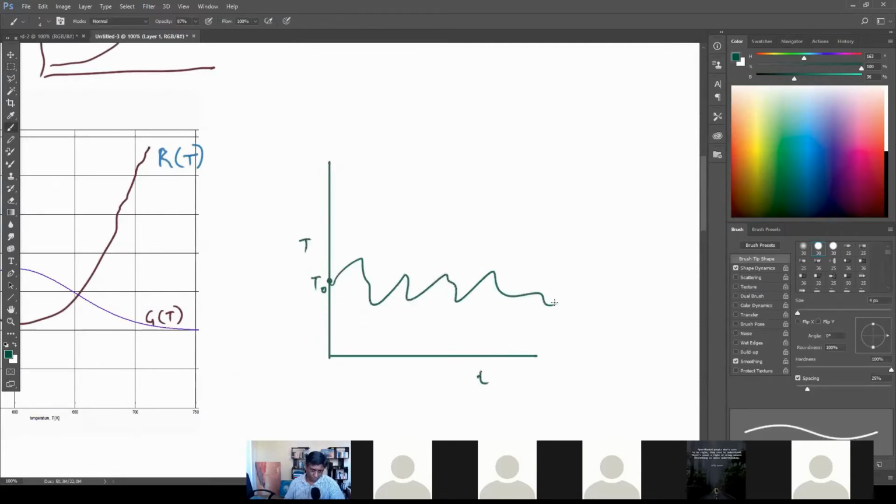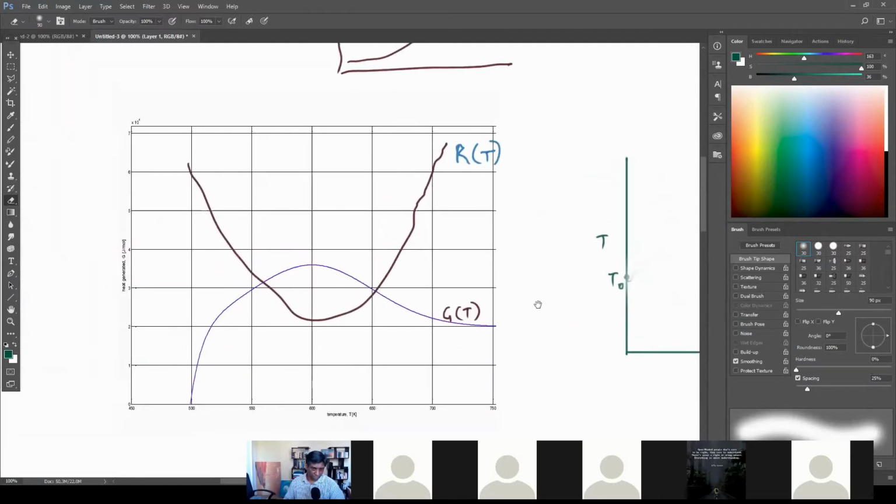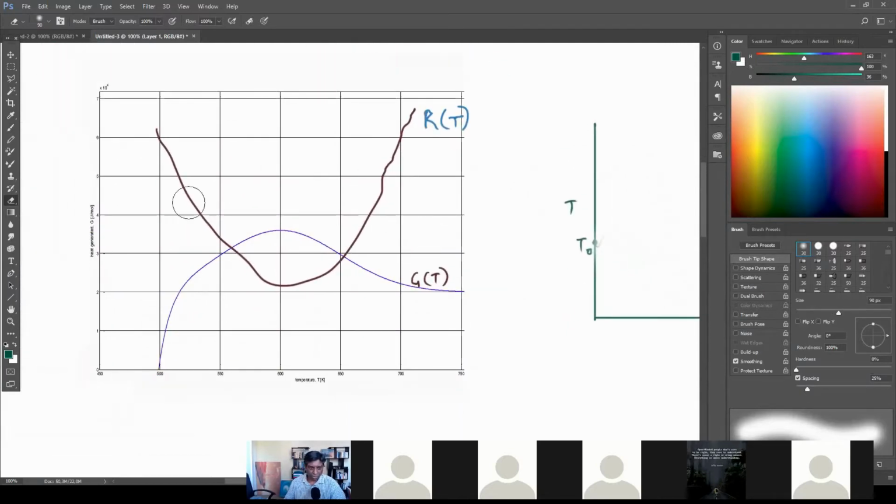Okay, and I'm just going to erase this. Okay, and let's first comment on these graphs. By the way, are there any questions or comments on this so far?